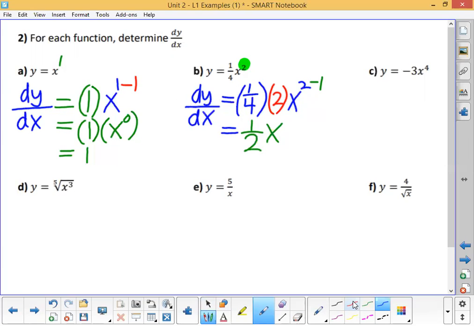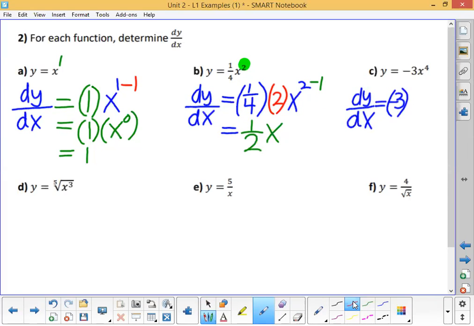So for C, I have y is equal to -3 x to the power of 4. So dy over dx, okay, my -3 is already there.